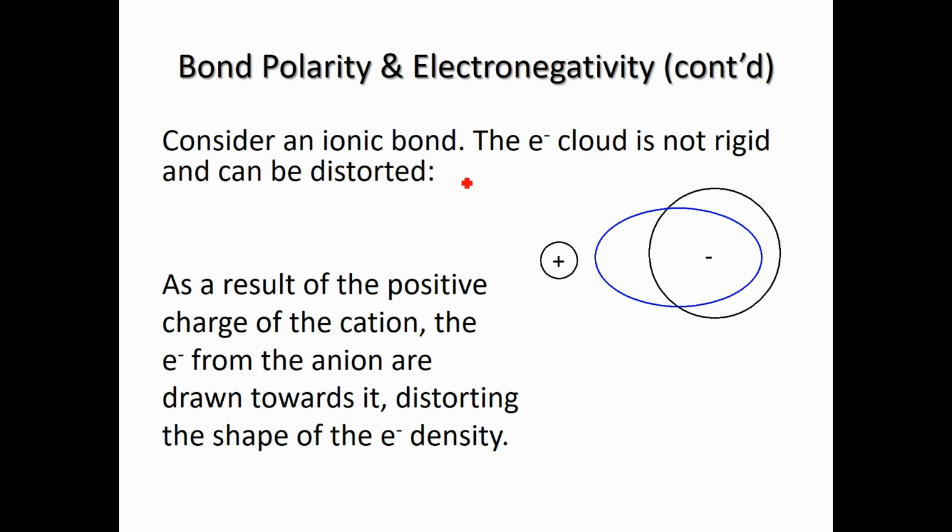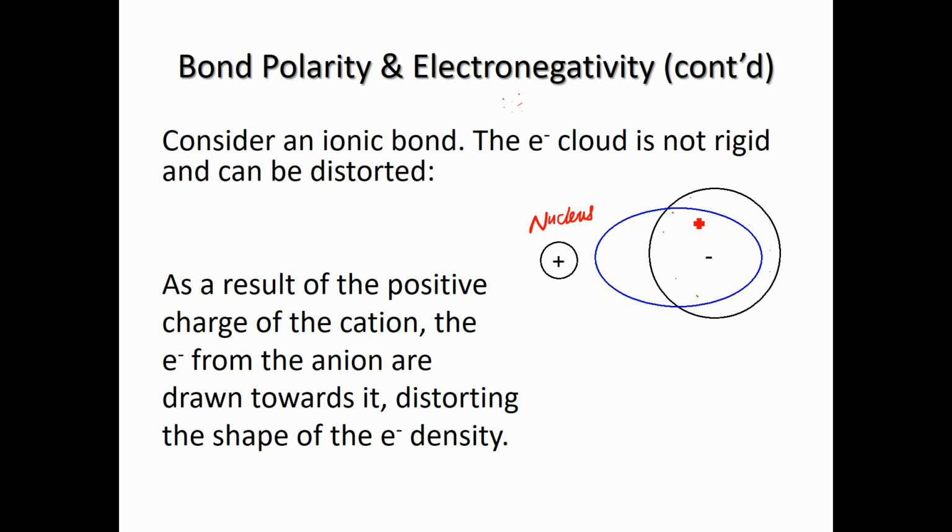Now, for an ionic bond to be formed, there has to be the presence of a metal and a non-metal. Now, the electron cloud, which is just the density of where electrons are, is not rigid and can be distorted. One would think in theory that it's circular, but if this was a region where electrons are, so we call it an electron cloud, and you bring a nucleus, remember that we say the nucleus is positively charged.